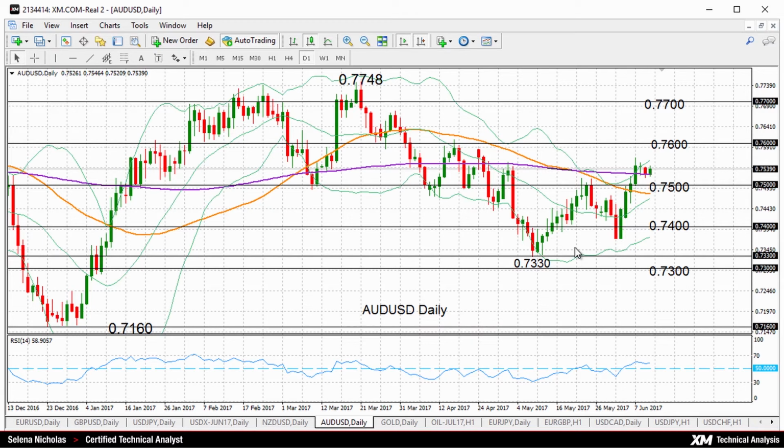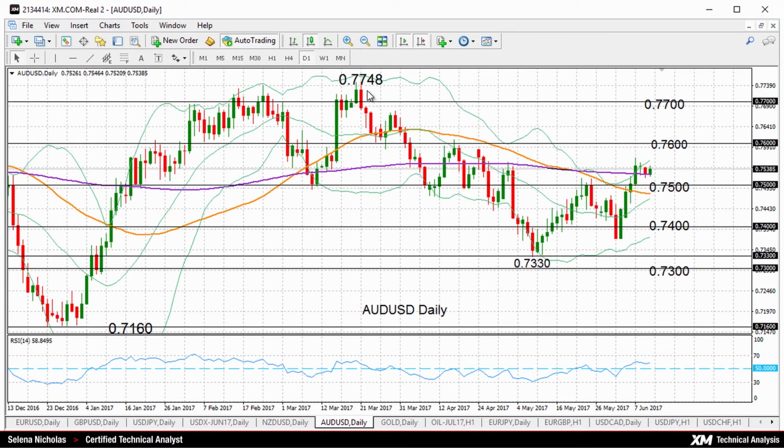Let's turn to the Australian dollar versus US dollar. Aussie dollar's seen a decent recovery from sub 0.74 levels. Prices rose above 0.75 and also above the 200-day moving average, which is now providing support. So could Aussie dollar be changing the trend?